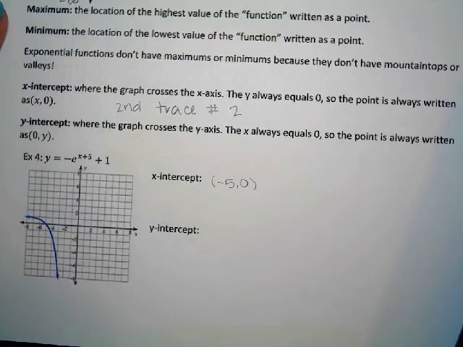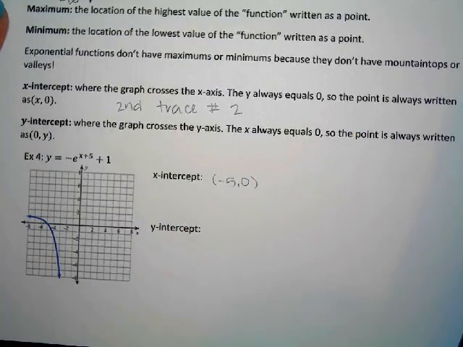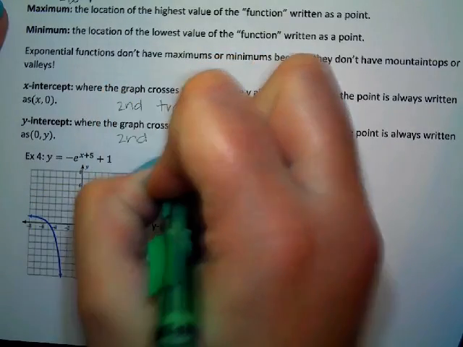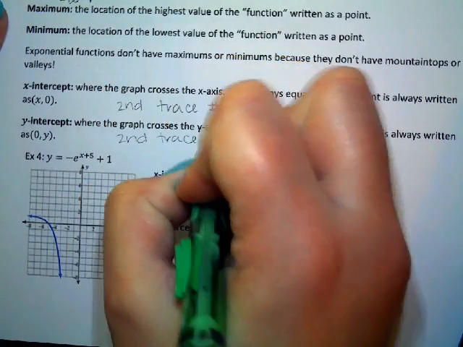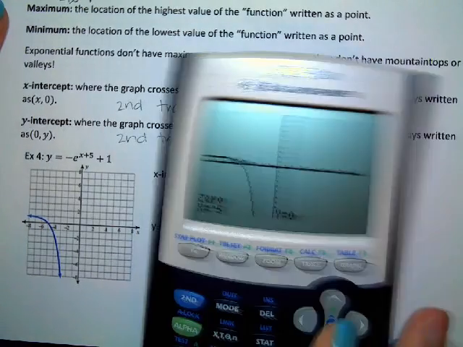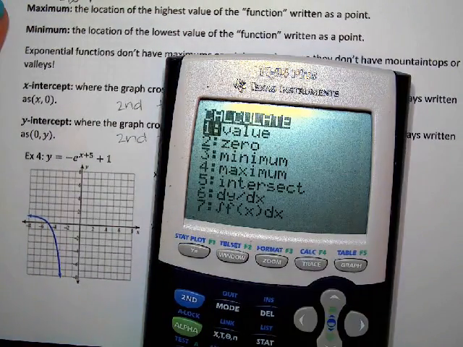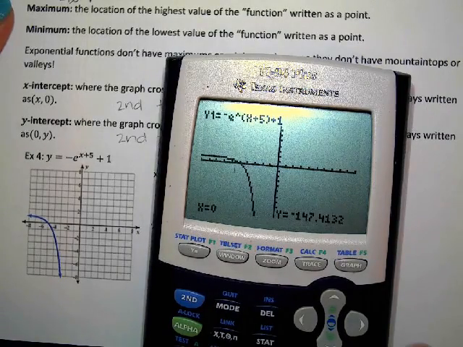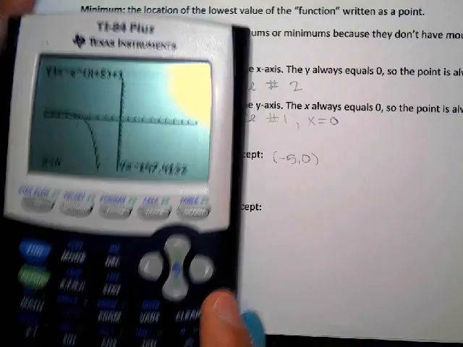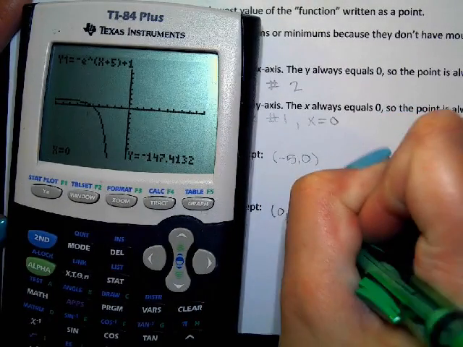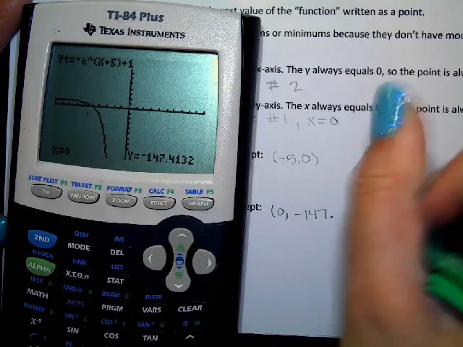And then how do we find the y-intercept? Okay, second trace number 1. Number 1, x equals 0. And we get a big negative. Okay, so we got (0, -147.413).